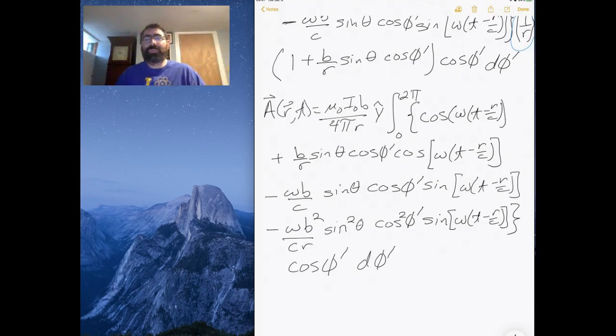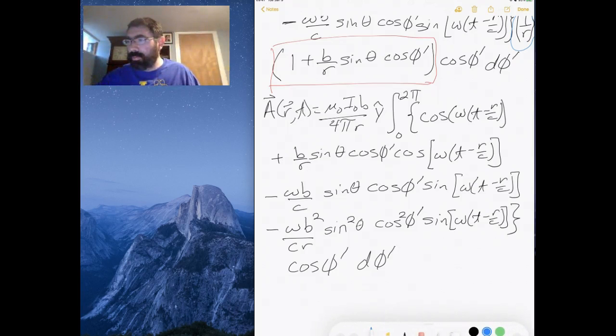Okay, so what have I done? I've essentially multiplied out the different terms. In the previous equation, I multiplied through that parentheses and then factored out the 1 over r. So essentially now I have 4 terms that I have to integrate.